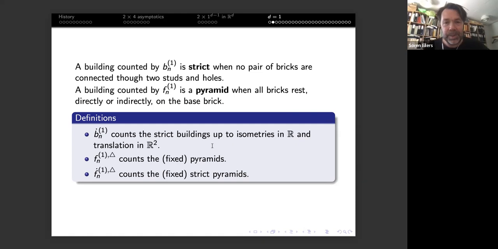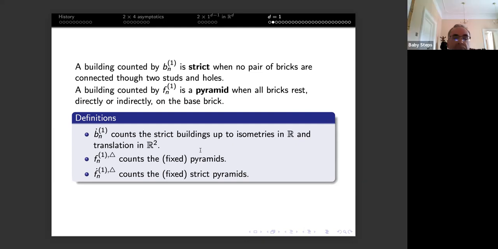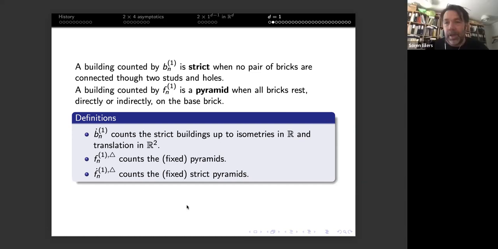And so we can count these strict buildings, and we can count the pyramids. And now you can see I've made my problem a lot easier because I'm just looking at something 2-dimensional, and I've even put in extra restrictions. And this will allow me to actually say something with some mathematical depth behind it.